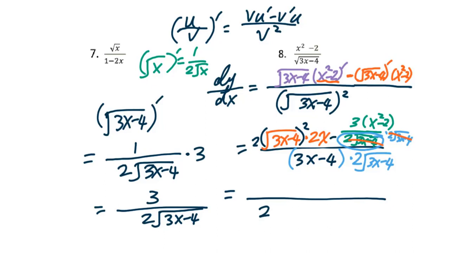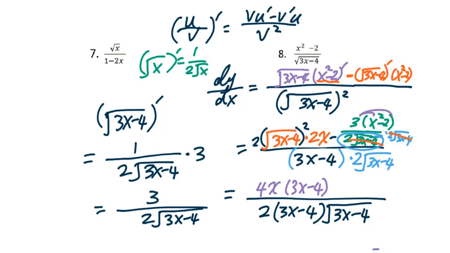You will get 2 times 3x minus 4, then square root 3x minus 4. To the top, you will get 4x times 3x minus 4, because square root of 3x minus 4 squared is 3x minus 4. Then for this, when you do the distributive property, here it's a negative sign. So basically, I'm doing negative 3 times x squared will be minus 3x squared plus 6.